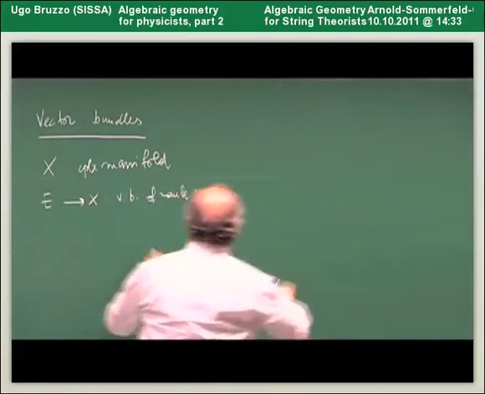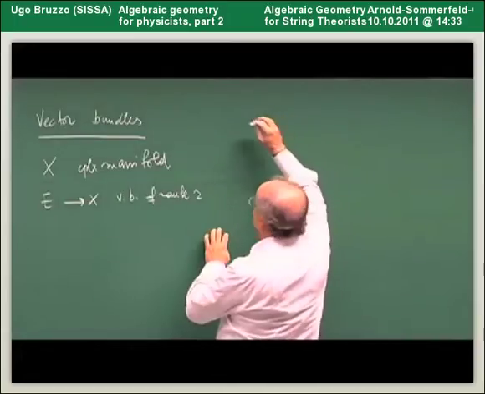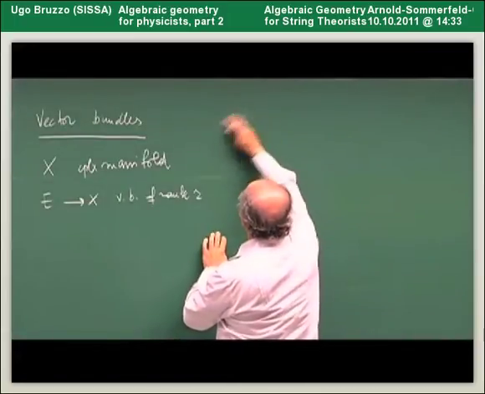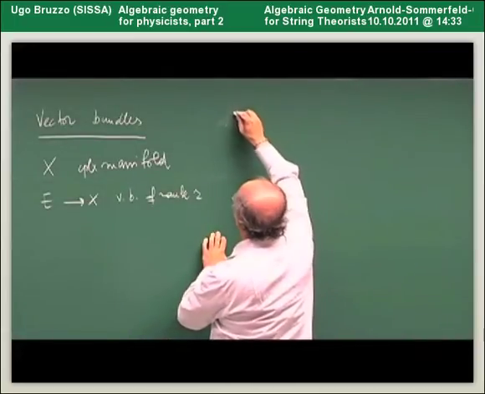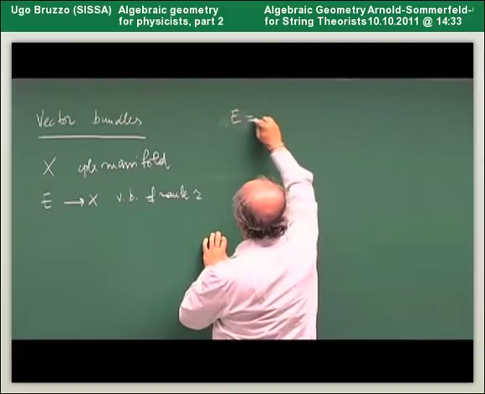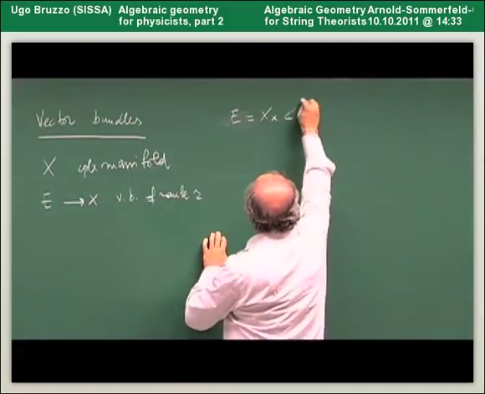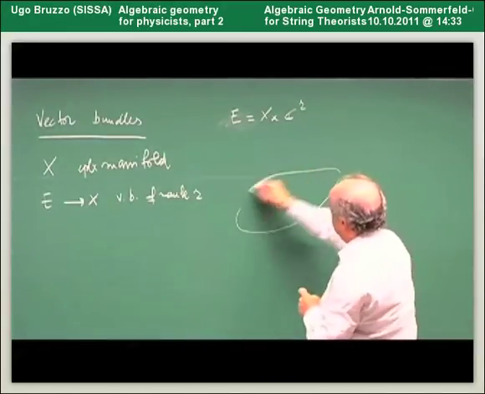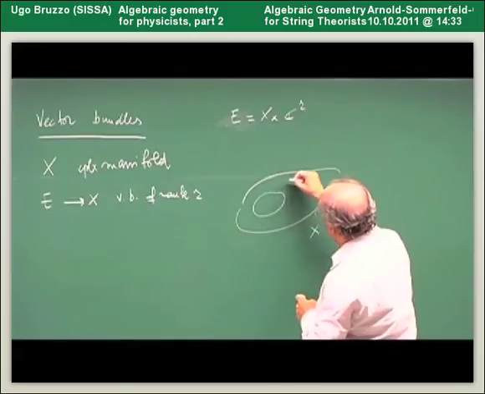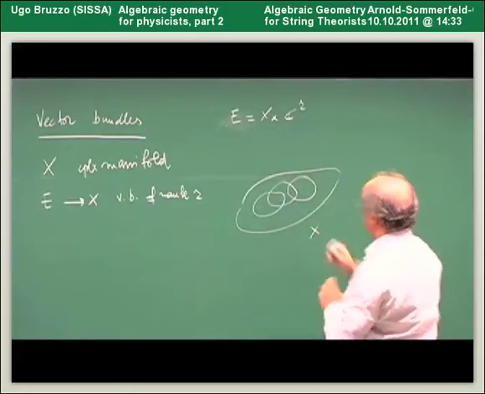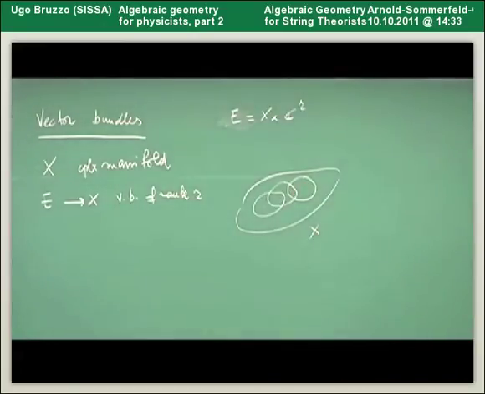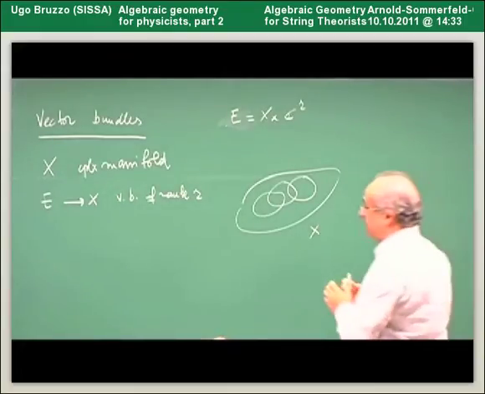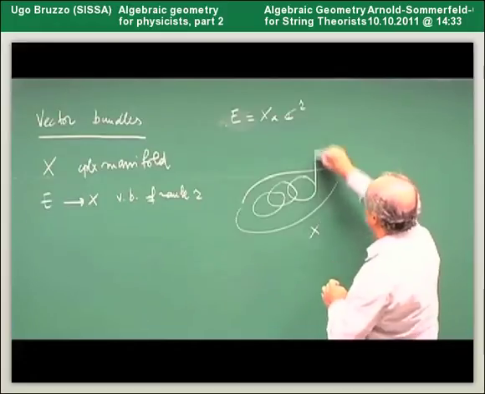So the idea, of course, is that we have what could be called a trivial rank R vector bundle, which is just the product of X times C^R. And then we shall consider a situation where X is covered by open sets, and on top of it we have some object E in such a way that restricting it to an open set, it will be a product.